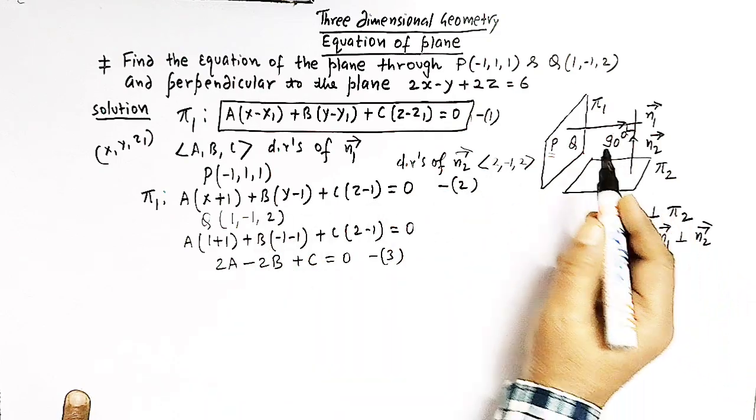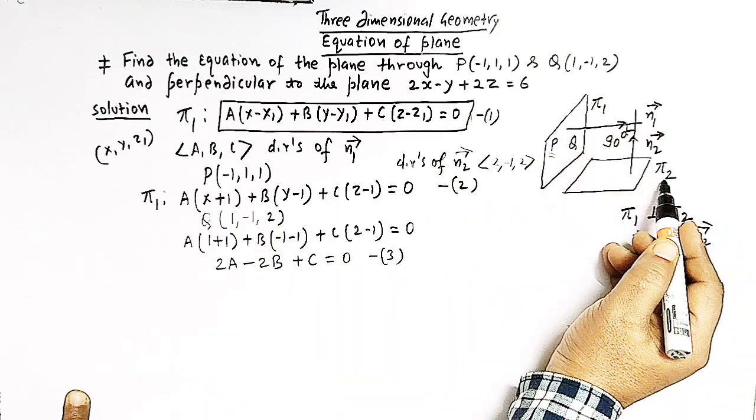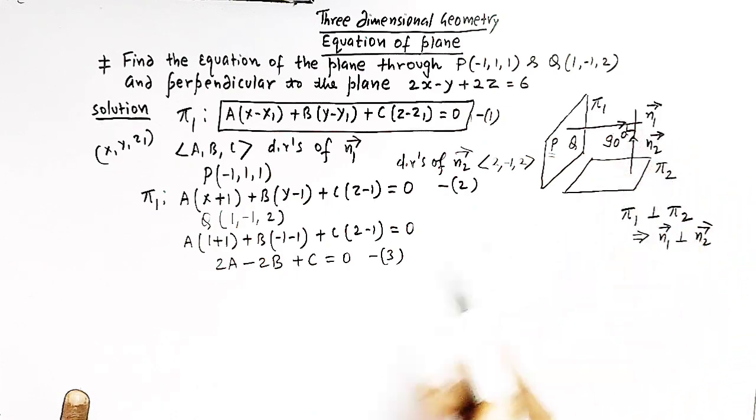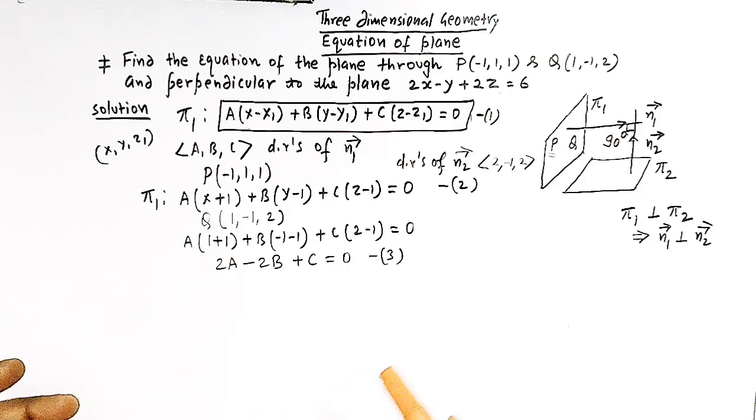Now the plane pi 1 is perpendicular to pi 2, so the normal vector n1 is perpendicular to n2, right? So now let us apply the condition for perpendicularity of two vectors.